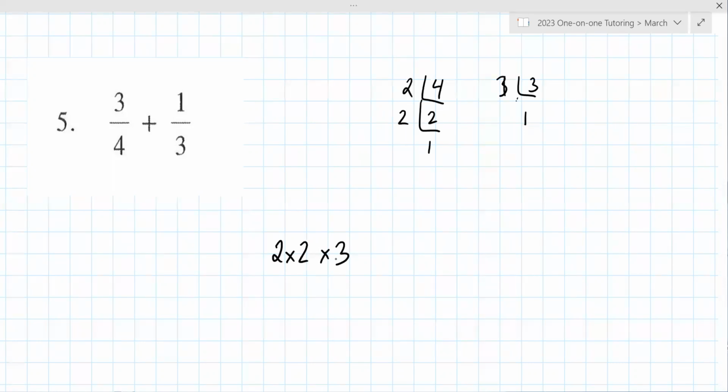So 2 times 2 is 4 times 3. 4 times 3 is 12.